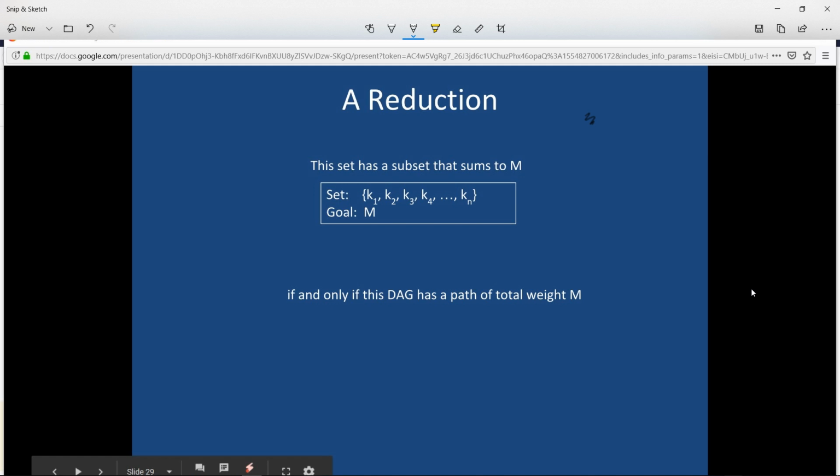So the set could represent the result of a topological sort, so you could turn it into a DAG with K1 representing the weight from the first node, K2 representing the weight from the second node, and so on. All right, so you're doing something like this, like that? But then also put a path from the first node to the third node with weight K2.